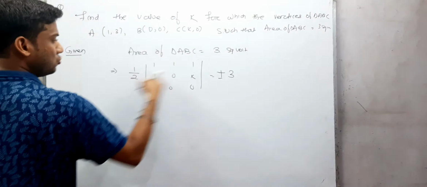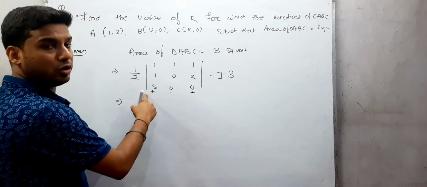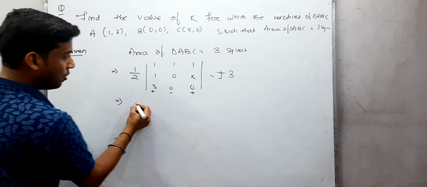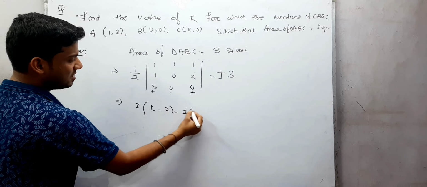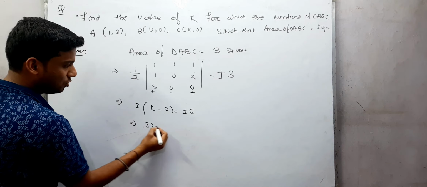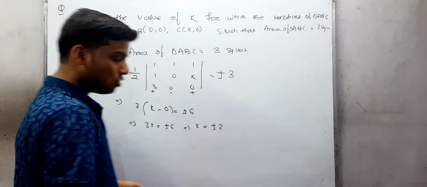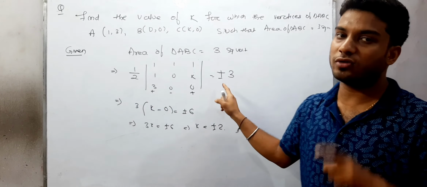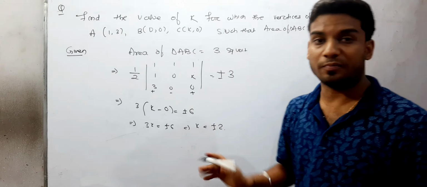Solving, 2 will go there, and I am going to solve along row 3 because I have the maximum 0s in row 3. So 3 into k minus 0 is equal to plus minus 6. So 3k is equal to plus minus 6, and k is equal to plus or minus 2. So here we get two values of k. Remember that you have to write plus minus 3, or otherwise you will get negative marks.